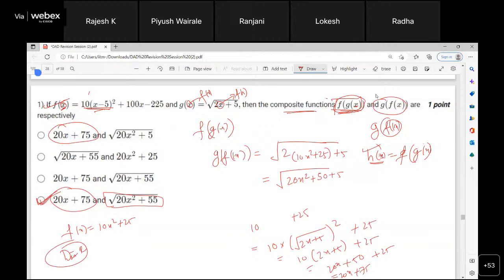So you can expect such type of question. You need to find out the composite function, do this calculation, and based on the resultant function, some variable or some information will be given. So you need to solve that. Such questions you can expect, but the basic part is this composite function.